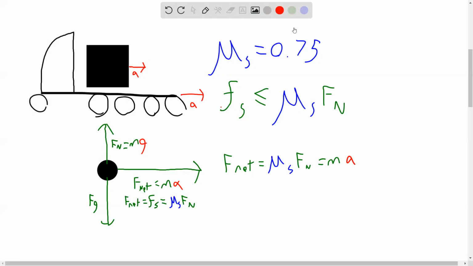So mu s mg is equal to ma. And then we can cancel out m on both sides. I'm going to put a on the left as well, because that's what we're looking for. A, which is the maximal acceleration, is equal to the coefficient of static friction times acceleration due to gravity.